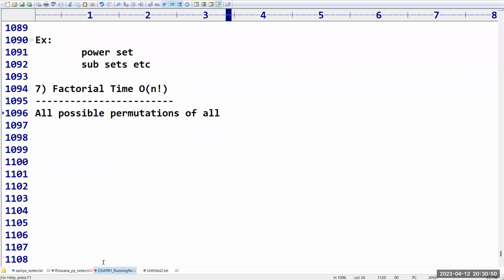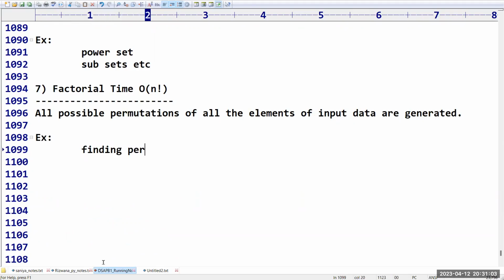All possible permutations of all the elements of the input data are generated. The best example is finding permutations of a string or of an array. So these are some examples for these notations.